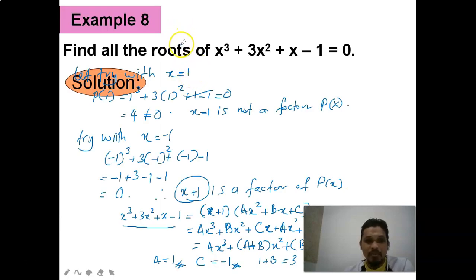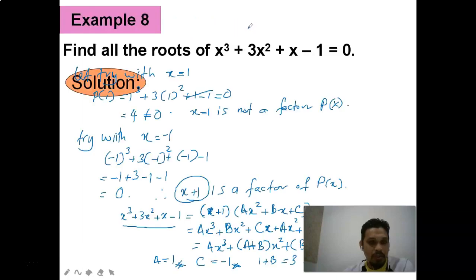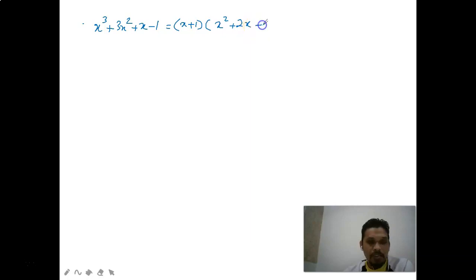Now from here, it gives you x cubed plus 3x squared plus x minus 1 equal to, the first is x plus 1, and then a equal to 1, so x squared, and b equal to 2, plus 2x, and c equal to negative 1, minus 1.